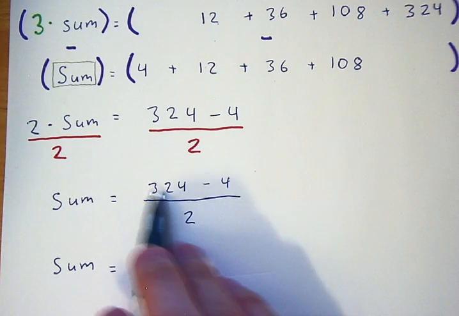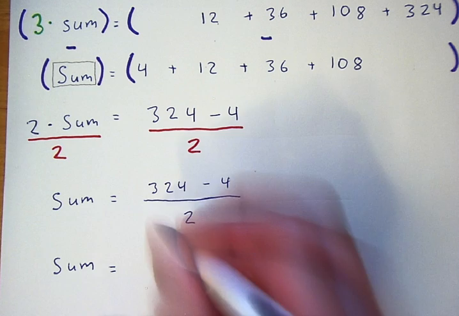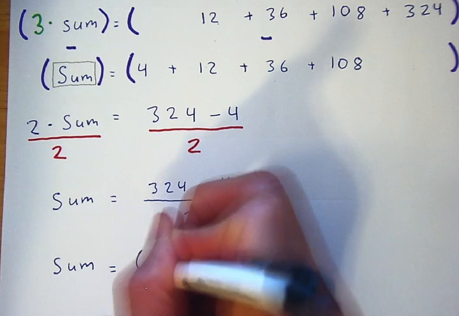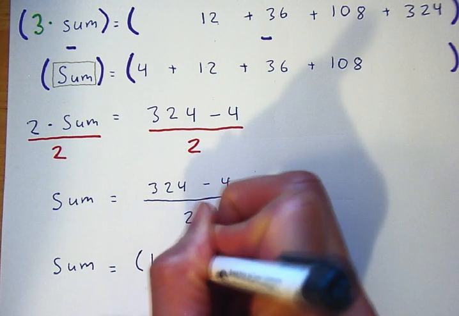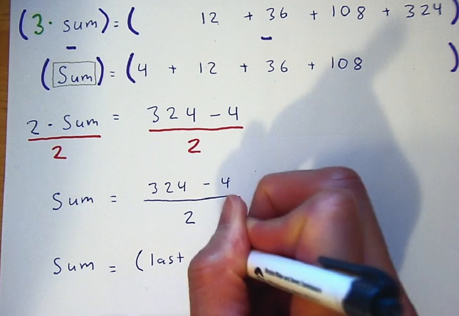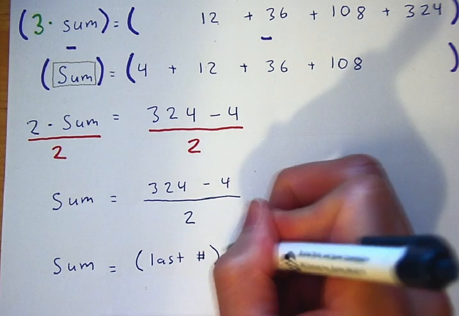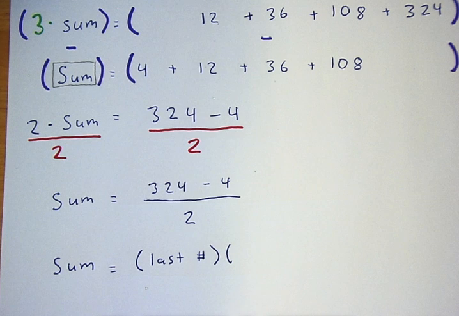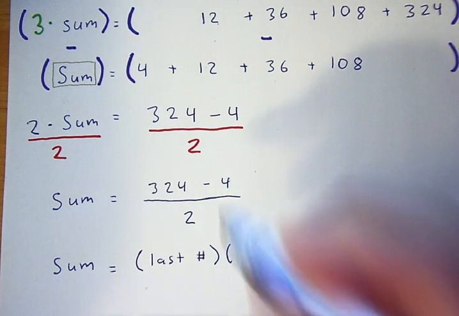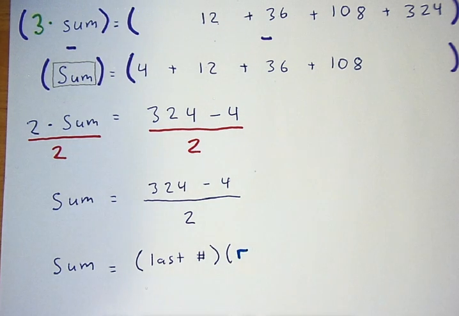So I got this by doing 108 times 3, or I took my last number, 108, and I multiplied it by my r, my ratio.